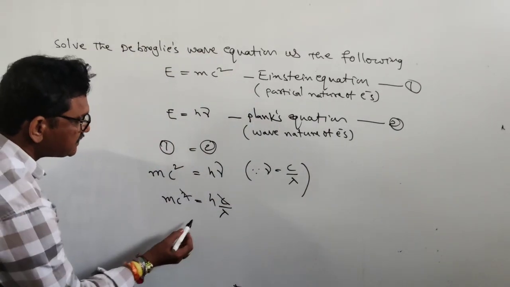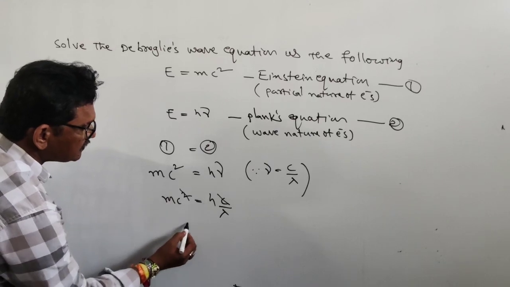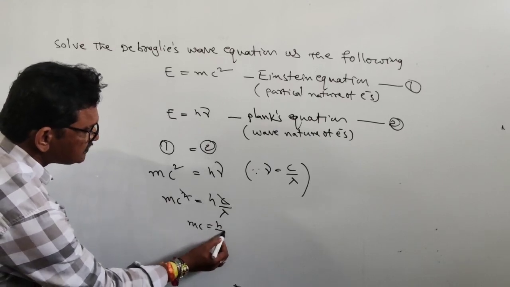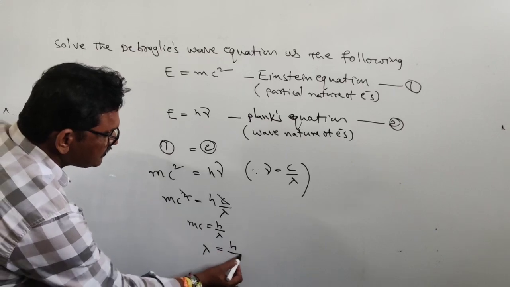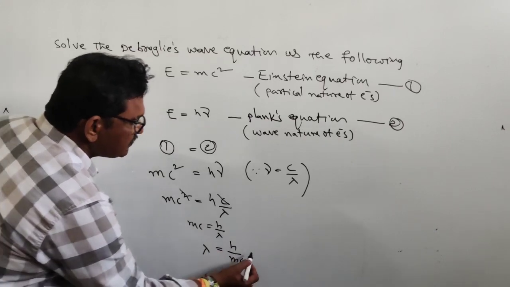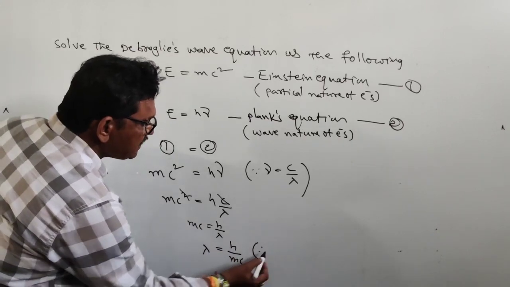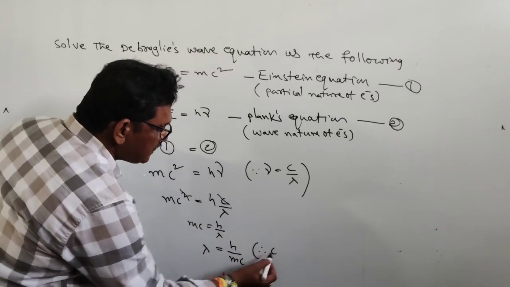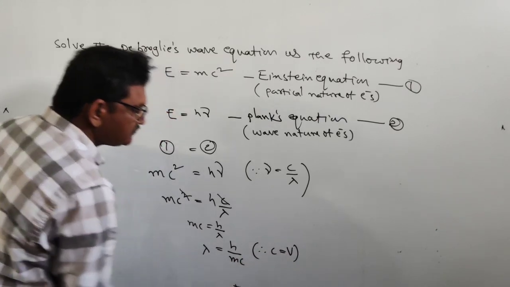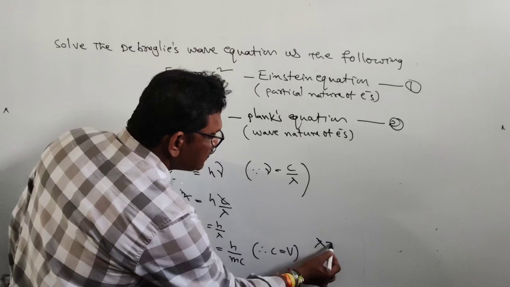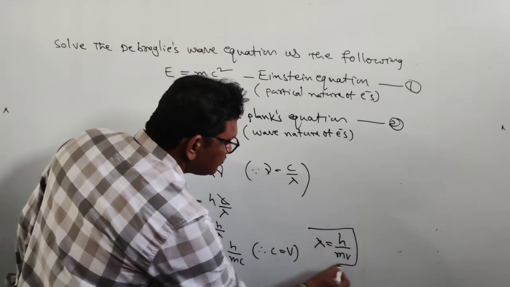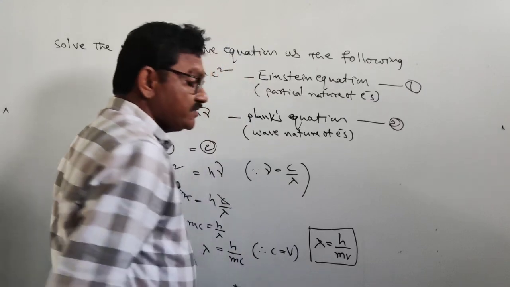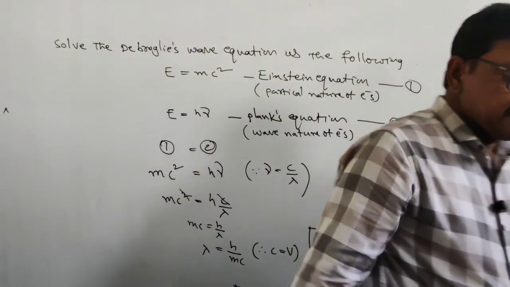Then we get the relation here, mc is equal to h by lambda. Lambda is equal to h by mc. One thing you remember, c means velocity of light or electron, that is equal to v. So finally we got the relation lambda is equal to h by mv. This is called the De Broglie wave equation. Isn't it, students?